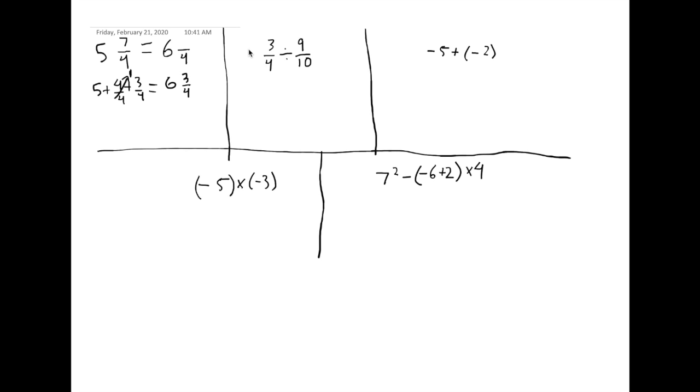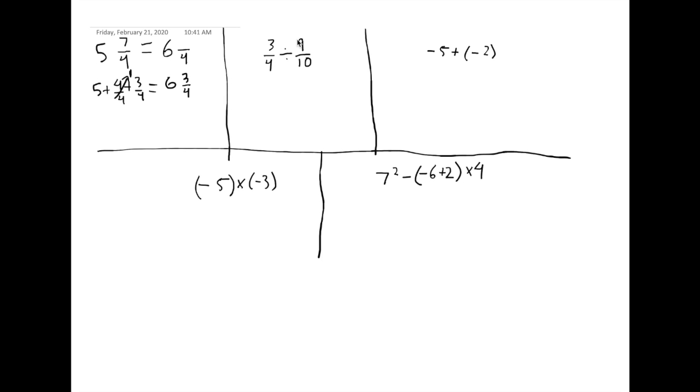The next problem here is a division problem of a fraction. And what we see here is it's 3 over 4 divided by 9 over 10. When you're multiplying a fraction, you pretty much just multiply the top two numbers and you multiply the bottom two numbers.